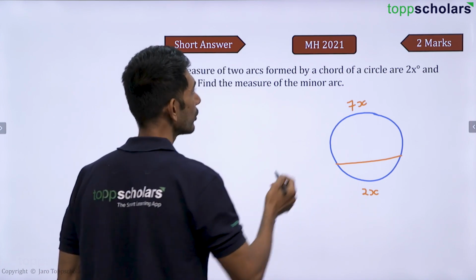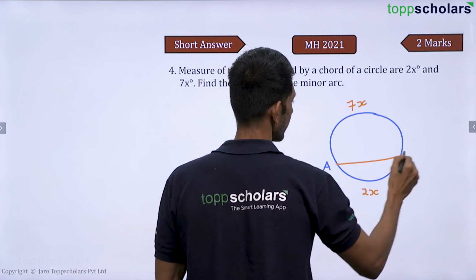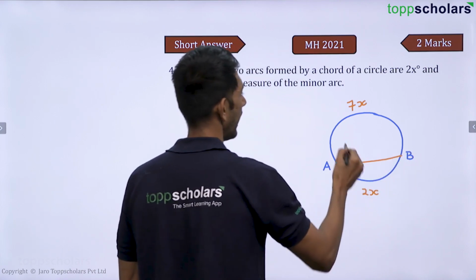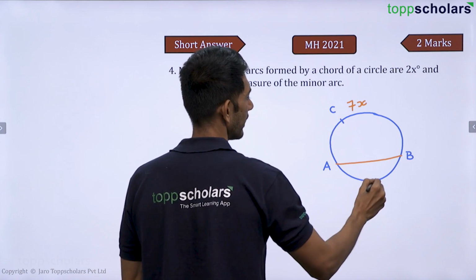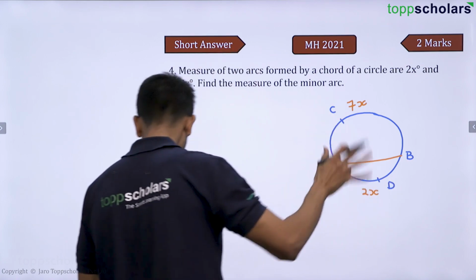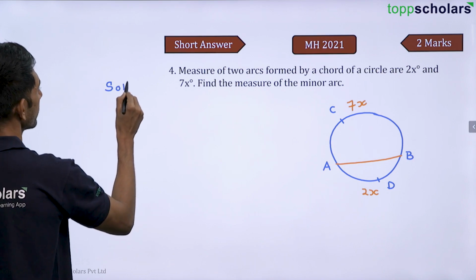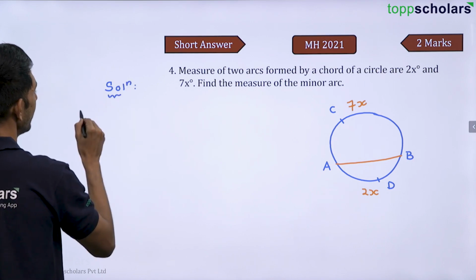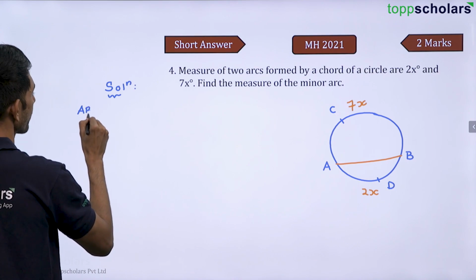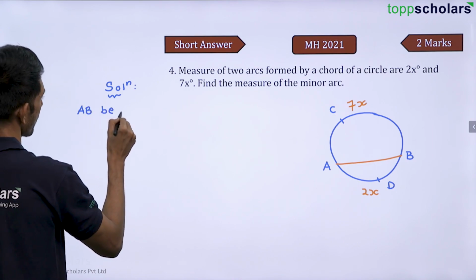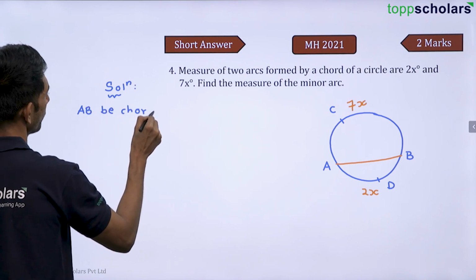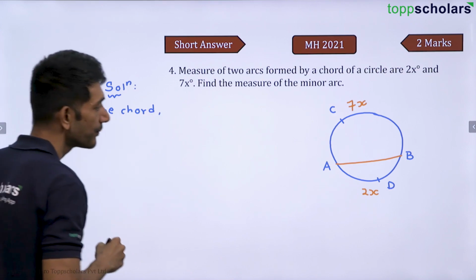Suppose this is A and this is B and this is say C and this is D. So basically we can define the arcs here. We can say let AB be the chord, right? AB is the chord.